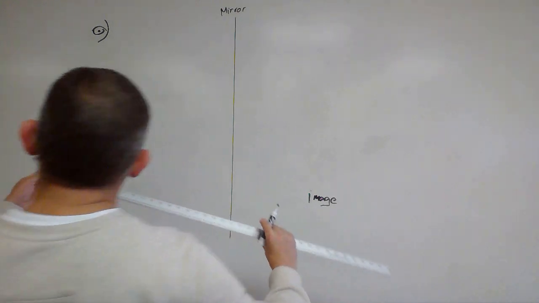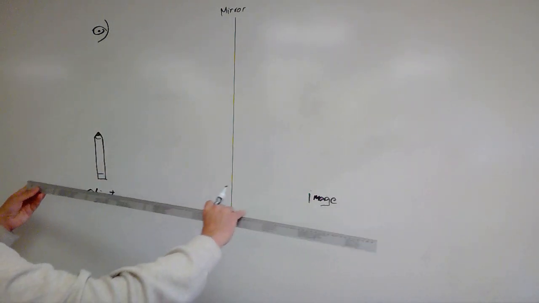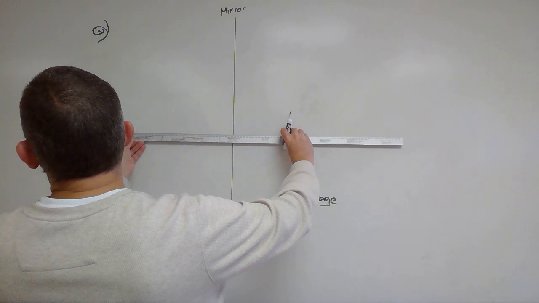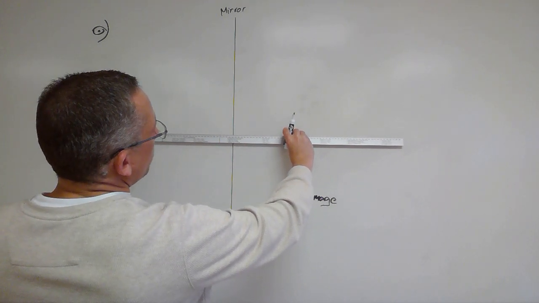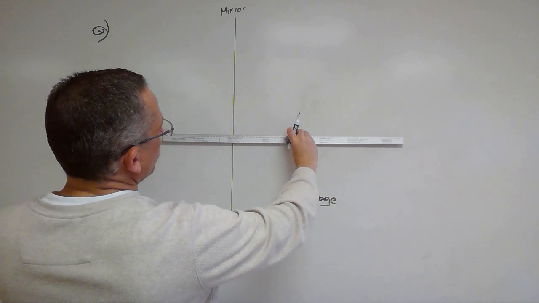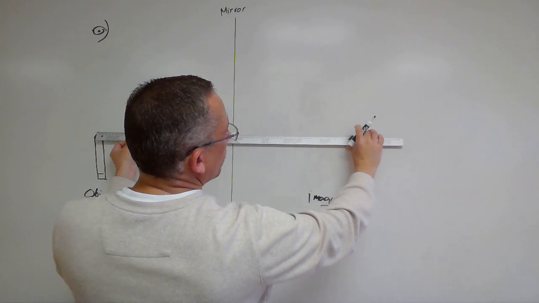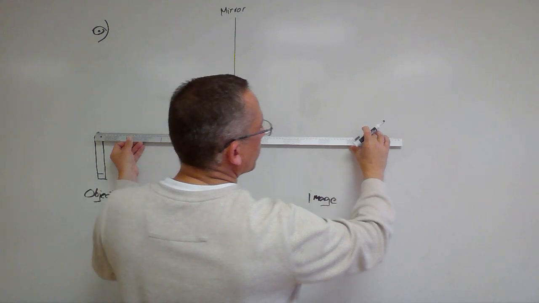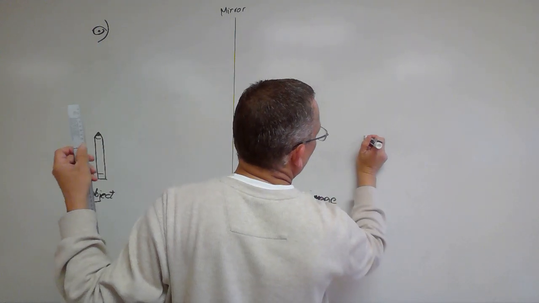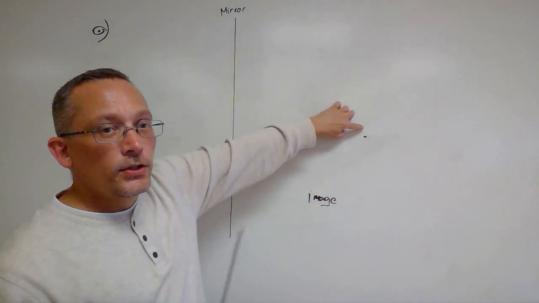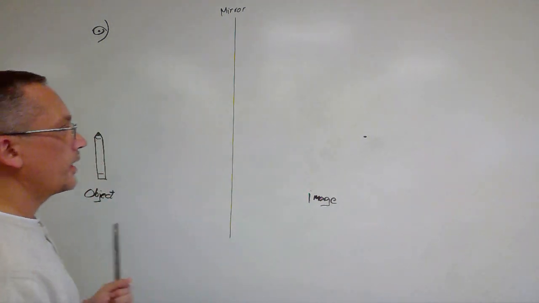So I'm just going to take my ruler to the metric side. And this is about 44 centimeters from the mirror. And I'm going to make it 44 more centimeters. So right about there. Okay. So from the top of my pencil to right there corresponds to that point.